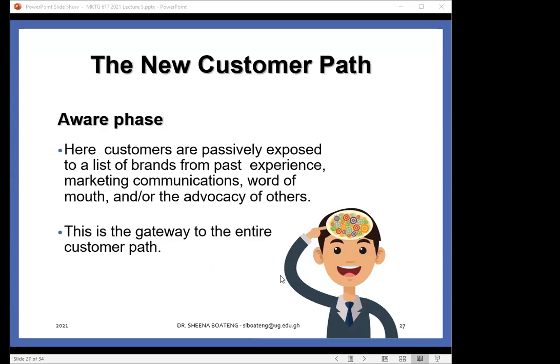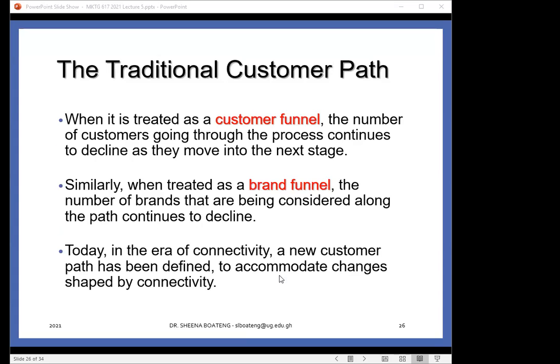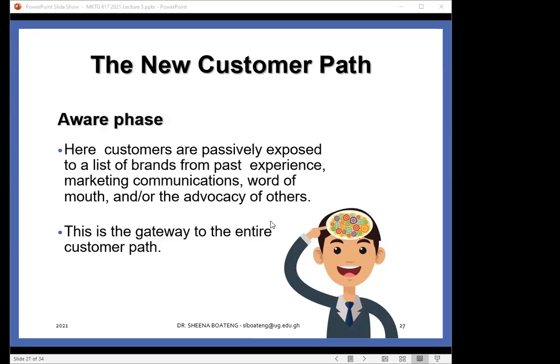All right. So the new customer path that has been redesigned based on the traditional 4A's to accommodate the changes shaped by connectivity is what we are going to discuss as follows. Starting from the first point of call on the new customer path, which is the aware phase.